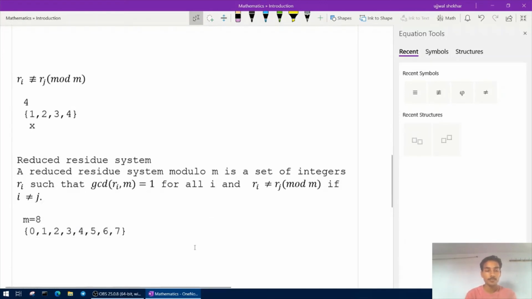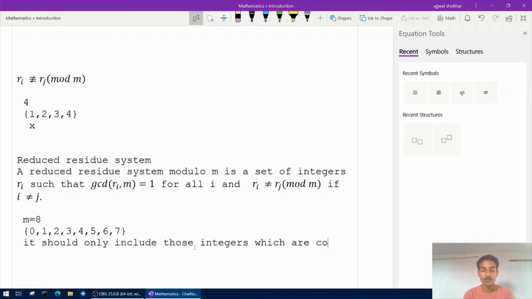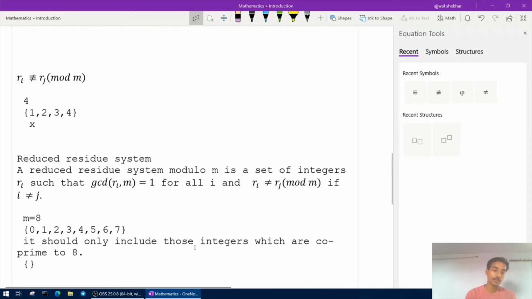It means it should only include those integers which are co-prime to 8, right? So after removing that, you can see we have 1, then 3, then 5, then 7.